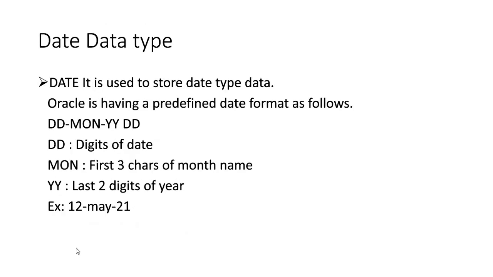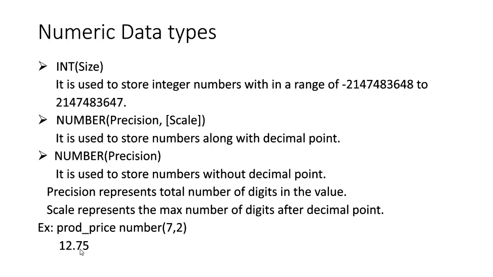So the total number of digits in this value is 4. We need to specify the size, so as we are giving 4 digits, you can specify a maximum size such as 7 or 10. This is what precision means.